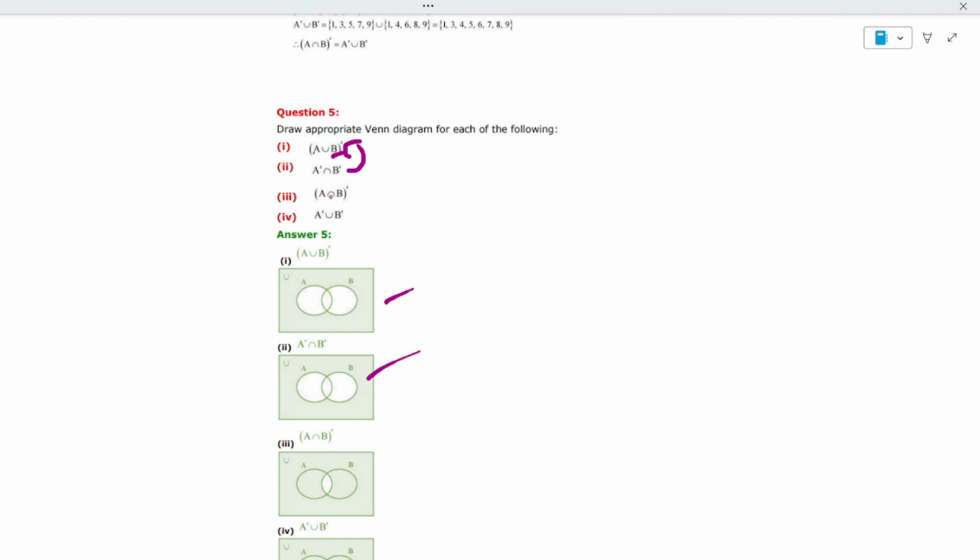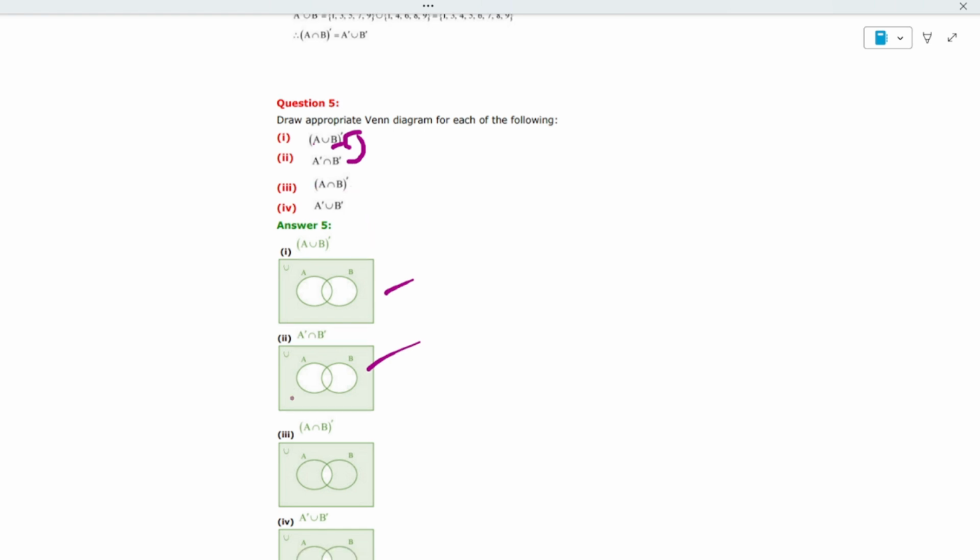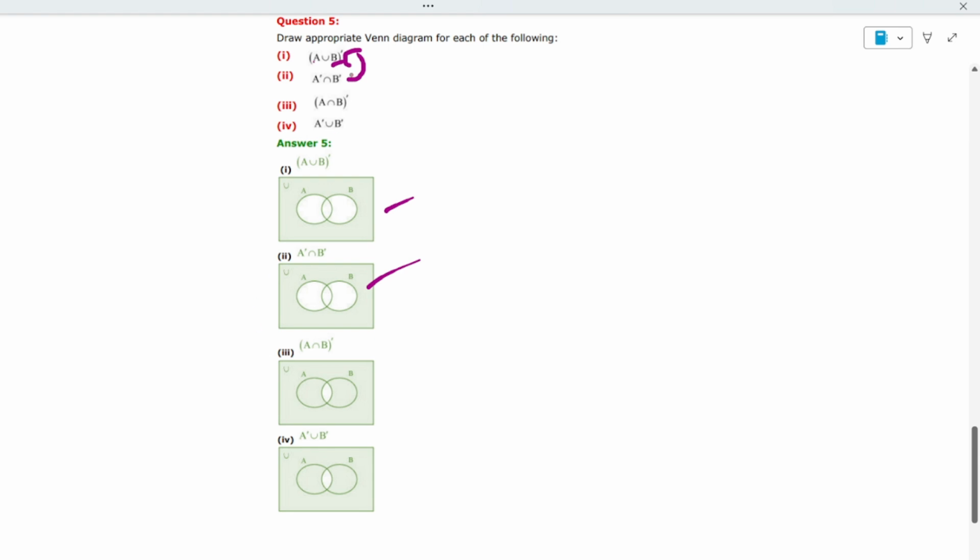Now let's see what is (A intersection B) whole complement. We understand by the intersection symbol itself, it is common. What is common among this circle and this circle? Only this part is common among both. So you leave that, and except that you shade all the parts. Then they have given A complement union B complement.